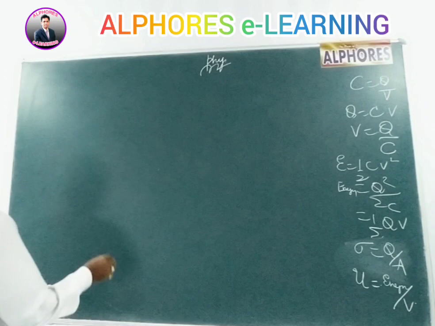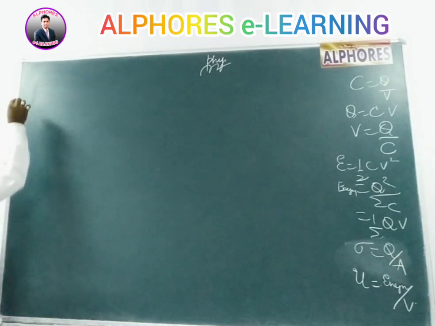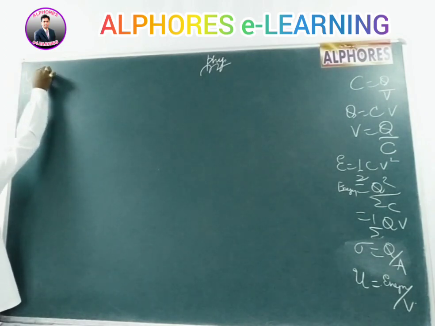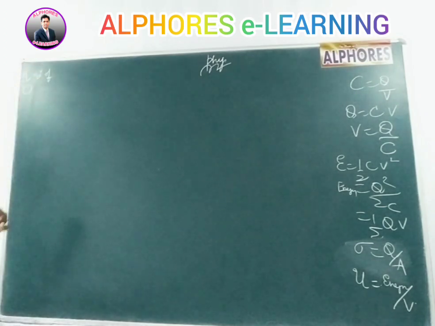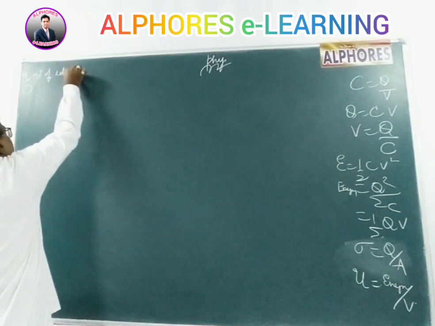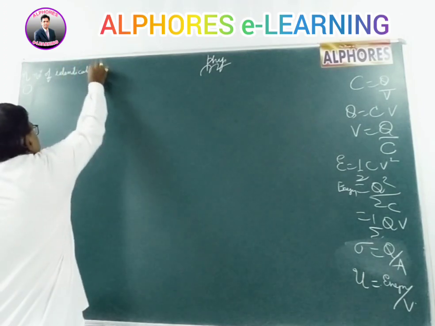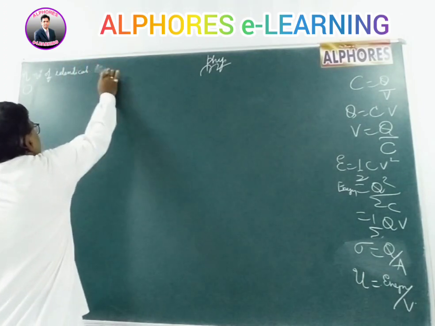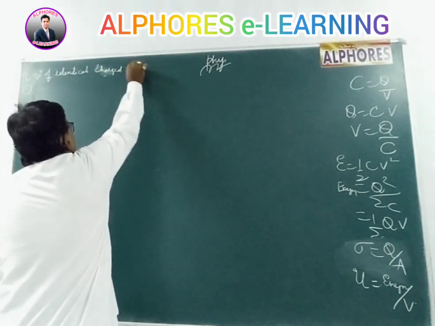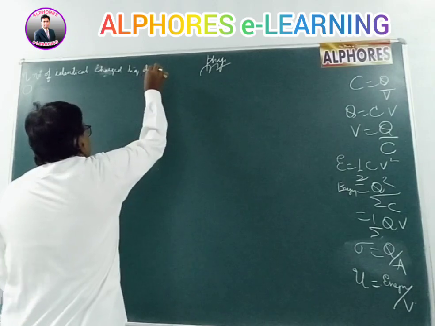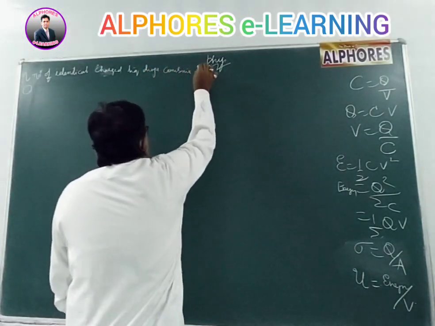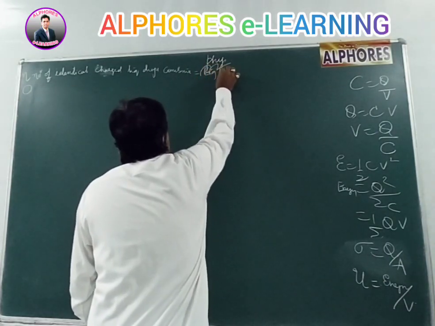The question is like this. n identical charged liquid drops combine to form a big liquid drop.